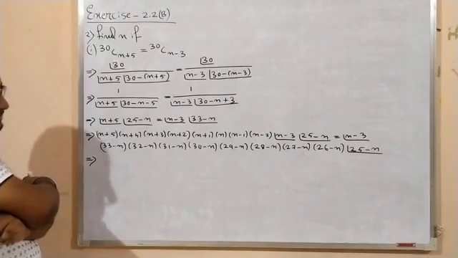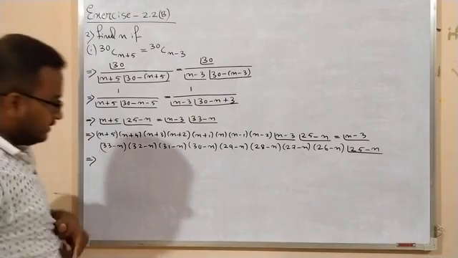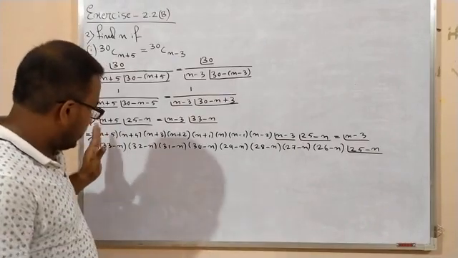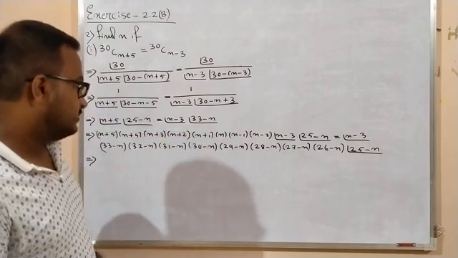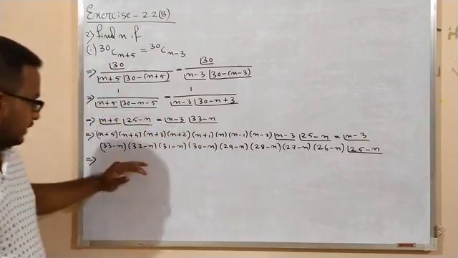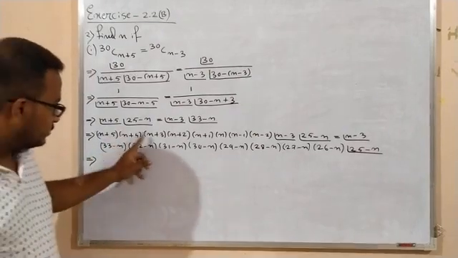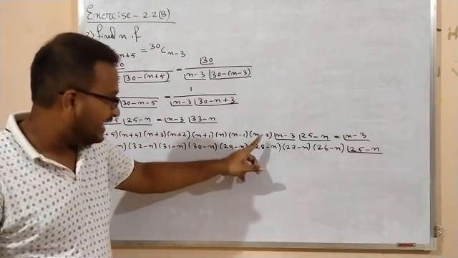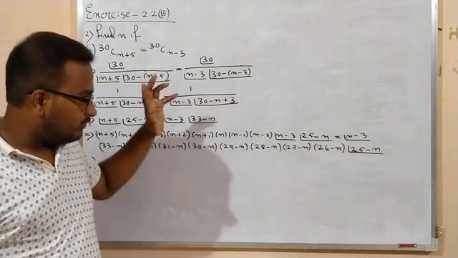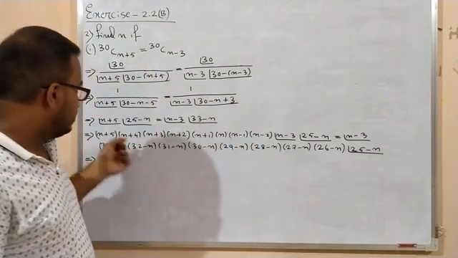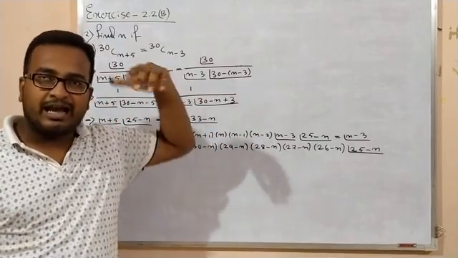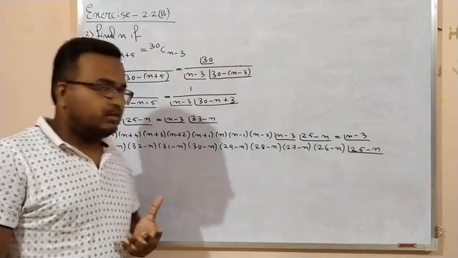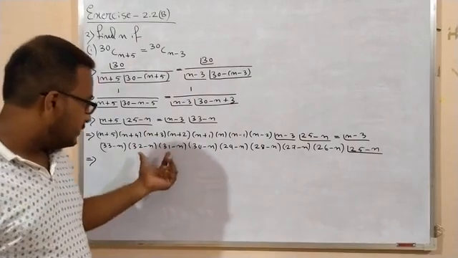But you see, this way you cannot solve this problem because it's a huge one, isn't it? Here you see 8 terms are there. If you multiply each term with one another, then the highest term will be n to the power 8, and on this part also you will get n to the power 8.